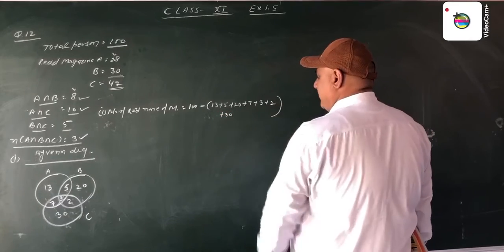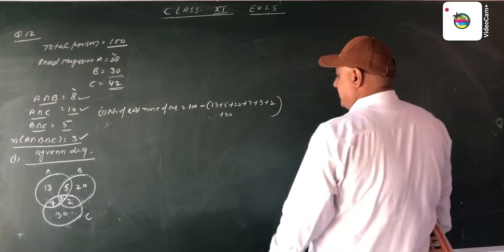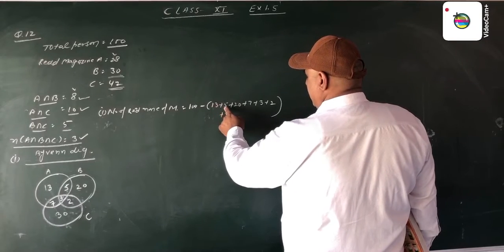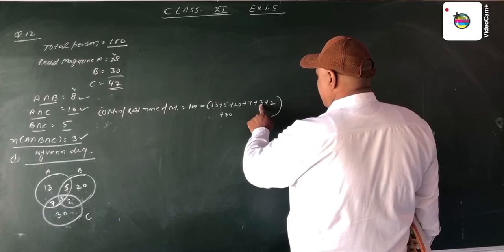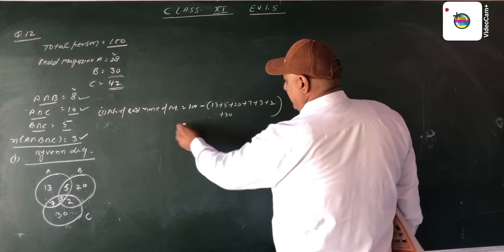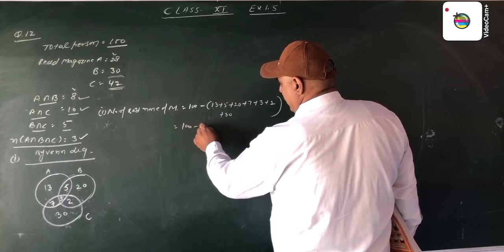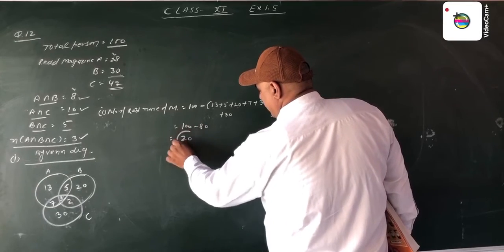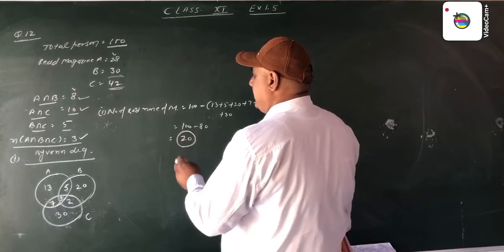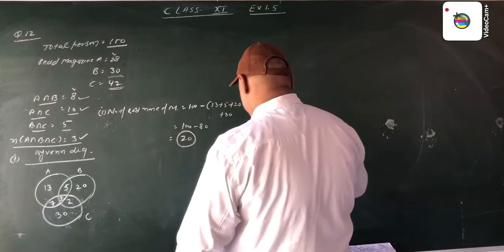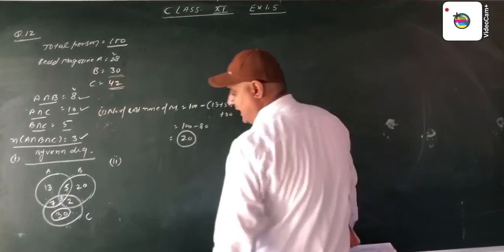We get the number of persons who read magazines. Now 13 plus 5 is 18, 38, 40, 50, or 80. So 100 minus 80, these are the 20 who read none of magazines A, B and C. And the second part says, who read only magazine C.